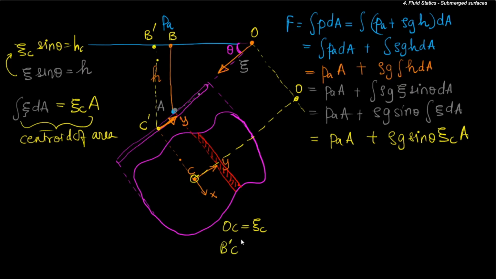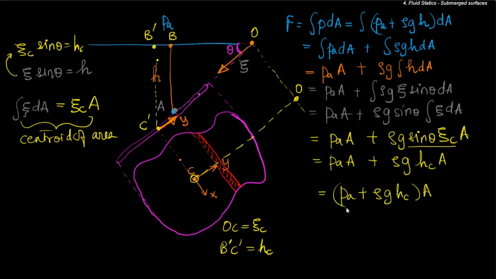So B prime C prime is equal to h of the centroid, and thus this expression becomes PA times A plus rho g h centroid times A, because xi c sine theta is h centroid. Effectively this is PA plus rho g h C, times A, that is the pressure acting at the centroid of the object times A.